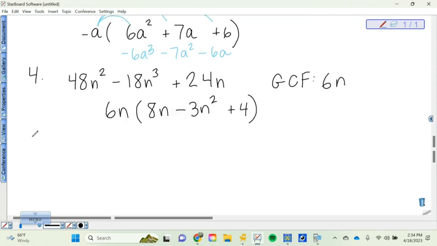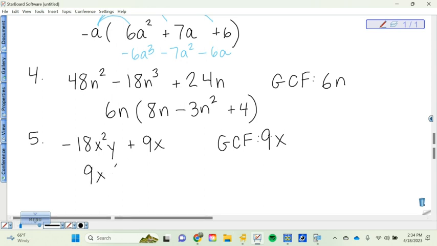Okay, number 5. Negative 18x squared y plus 9x. What's my greatest common factor? 9x. Good. 9x. So if I take 9x out in front, what do I put in parentheses?